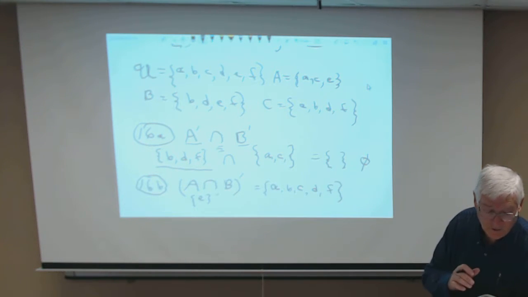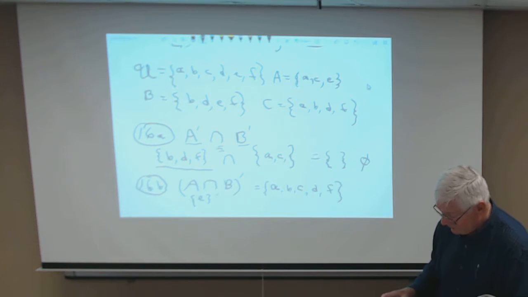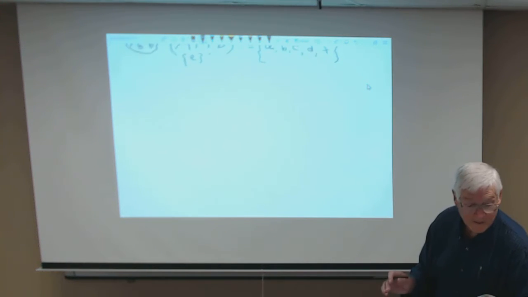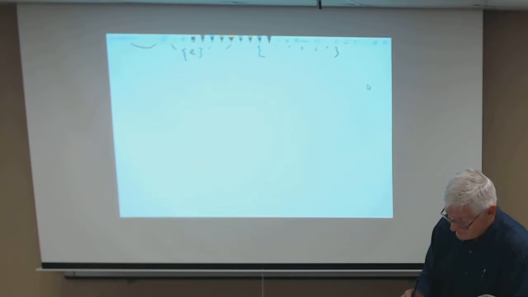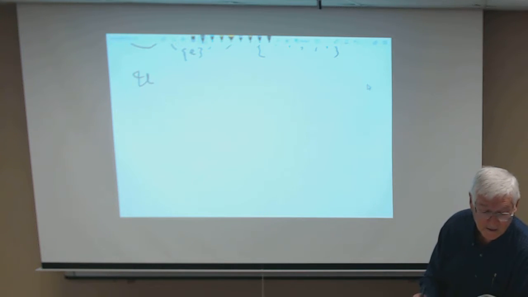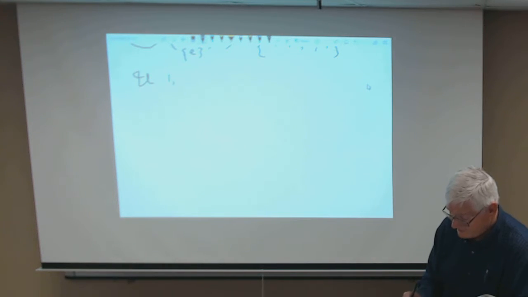So let's go to a new process called what? The difference of two sets. The universe is 1, 2, 3, 4, 5.